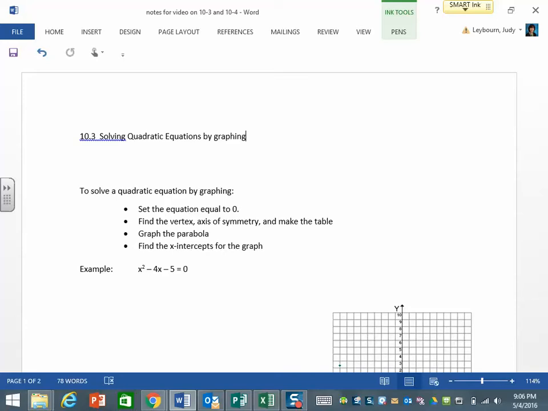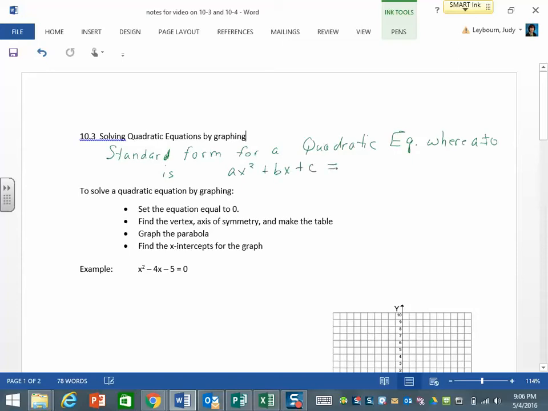This method is going to be graphing. The standard form for a quadratic equation, where again a is not equal to 0, is ax squared plus bx plus c equals 0.